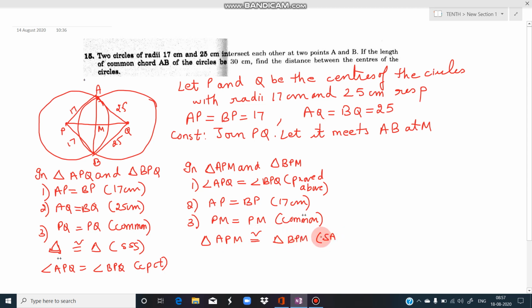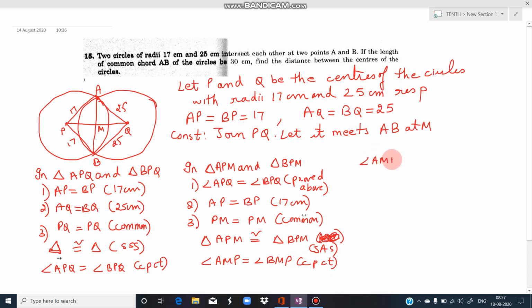So it is angle side angle, two angles and one side in order. That is this angle and the side AP. So it is side angle side. I've written it wrongly. This is side angle side, two sides and one angle in order. So hence we can say that angle AMP is equal to angle BMP by CPCT.